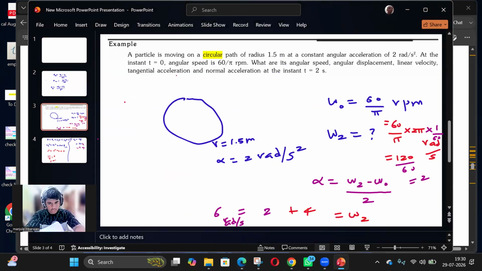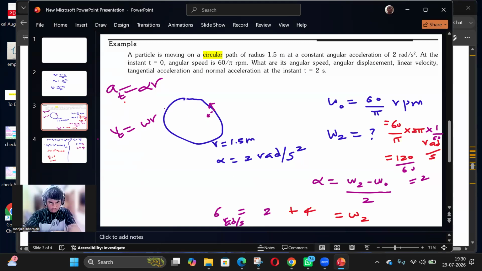And then tangential acceleration, which is alpha into r. The relation between a and alpha is a equal to alpha into r, and between v and omega is v equal to omega into r. This was tangential velocity because velocity is only tangential; there is no radial velocity.